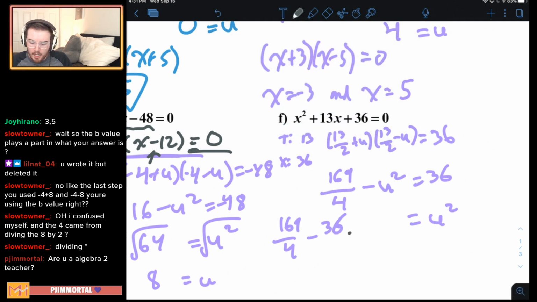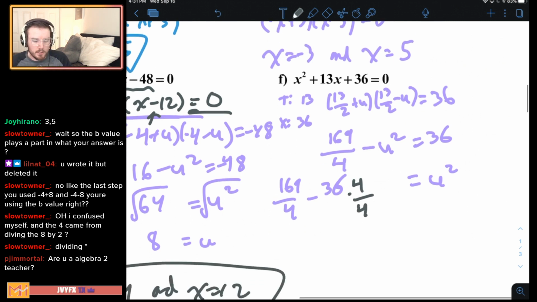And I need to get a common denominator, so I'm going to multiply it by 4 over 4. 36 times 4 is 144.